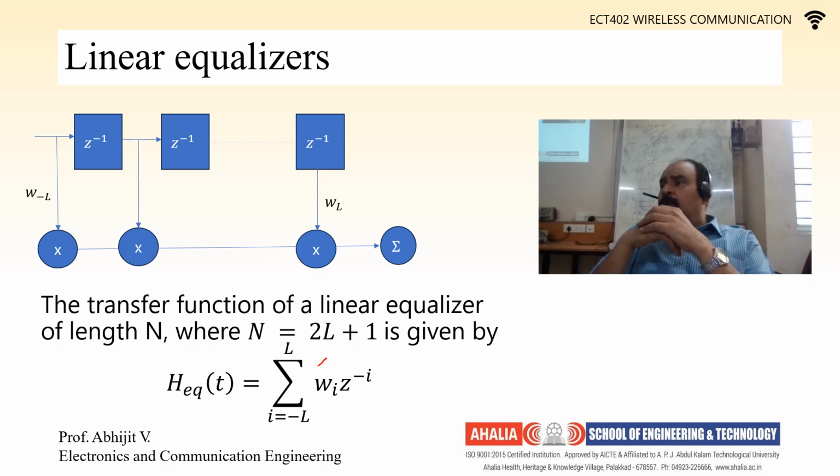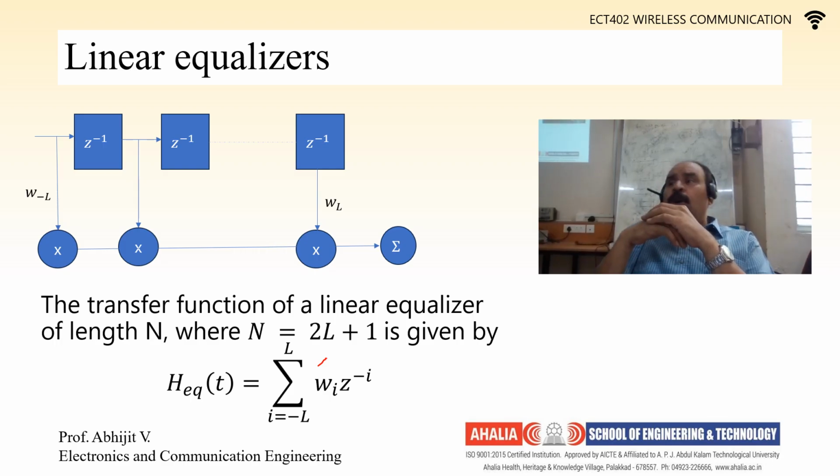We know that the performance of a wireless system is measured by two important parameters. The first parameter is the outage probability, and the second parameter is the probability of error. So here our job is to find out W_i in such a way that ISI is eliminated.